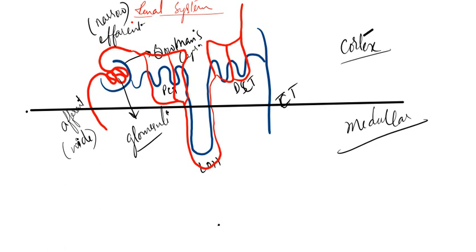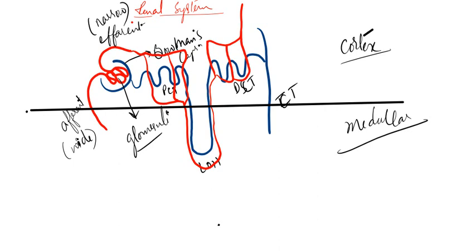Now the urine flowing through the proximal convoluted tubule, loop of Henle and distal convoluted tubule, the good solutes and important substances get reabsorbed into the peritubular capillary network and enter the blood present in it. In that way the substances are reabsorbed.